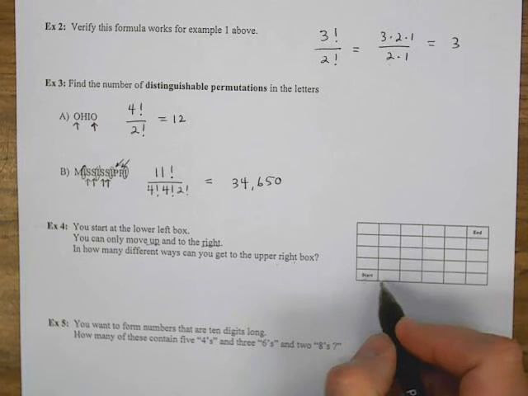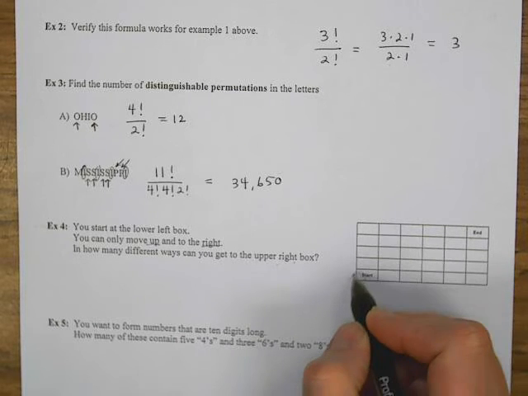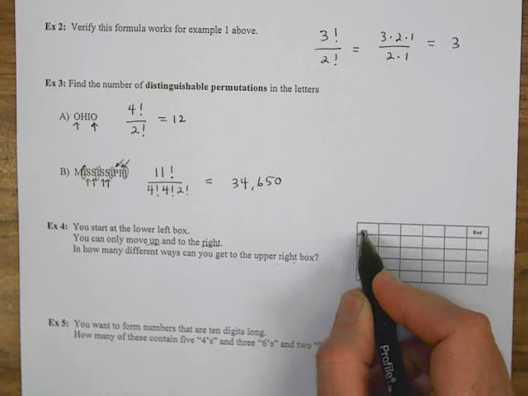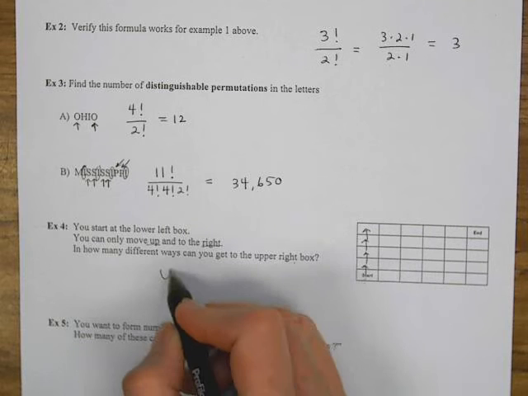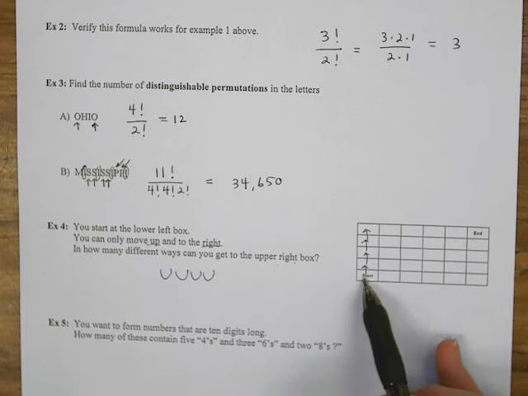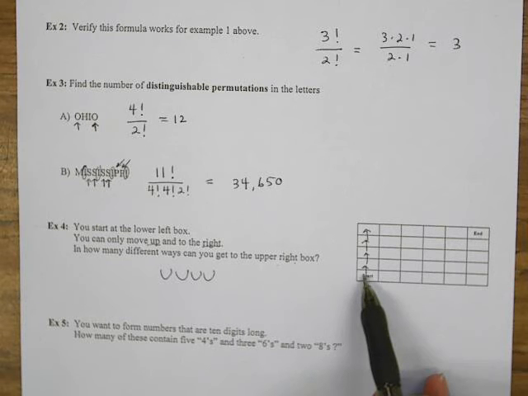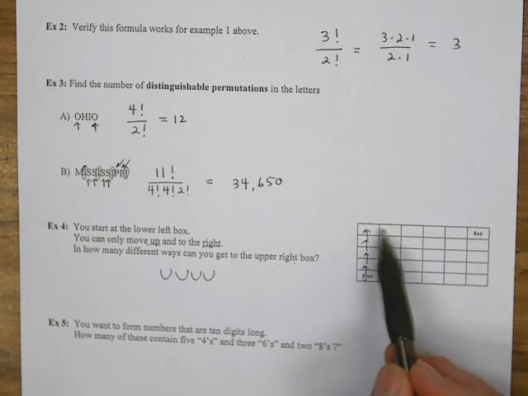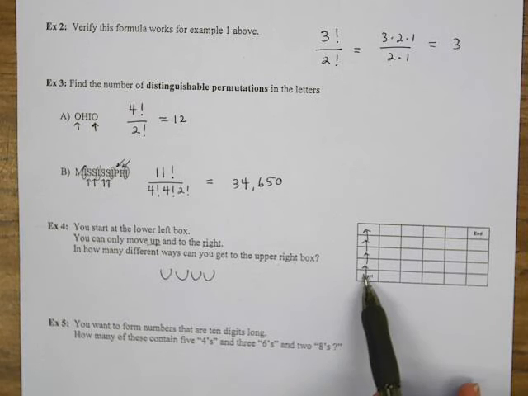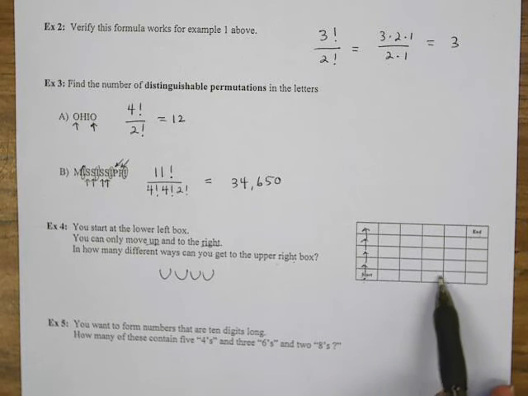Ultimately, no matter where you move up, you're going to have to move up 1, 2, 3, 4 boxes. So you're going to have to move up 4 times, right? To get from start to end, ultimately you're going to have to go to the right 1, 2, 3, 4, 5 times.